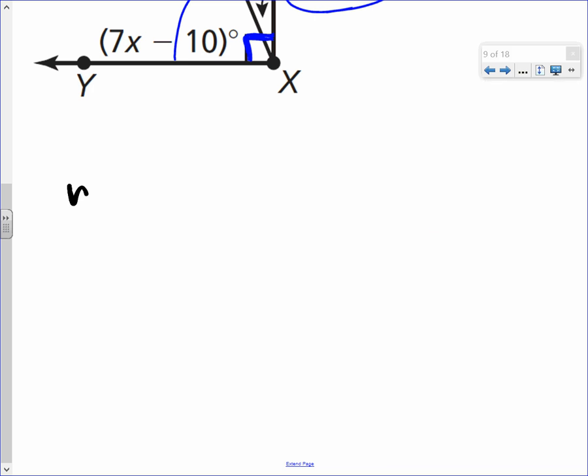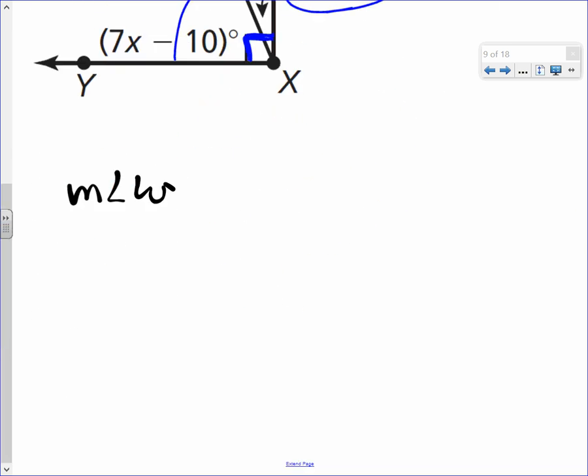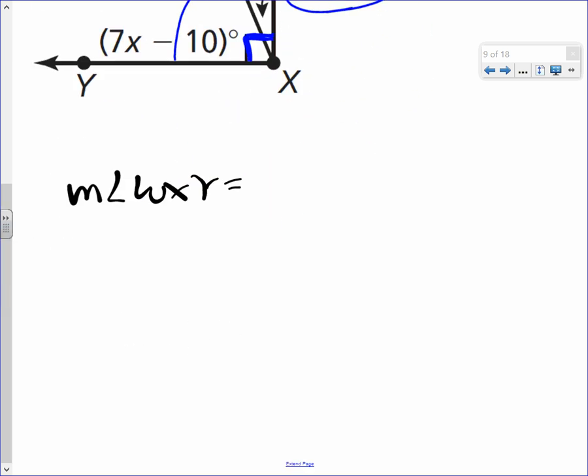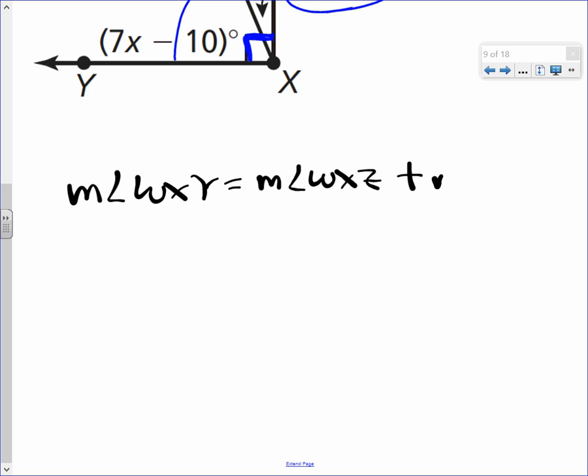The measure of angle WXY equals the measure of angle WXZ plus the other small angle, which would be ZXY. There's your equation.